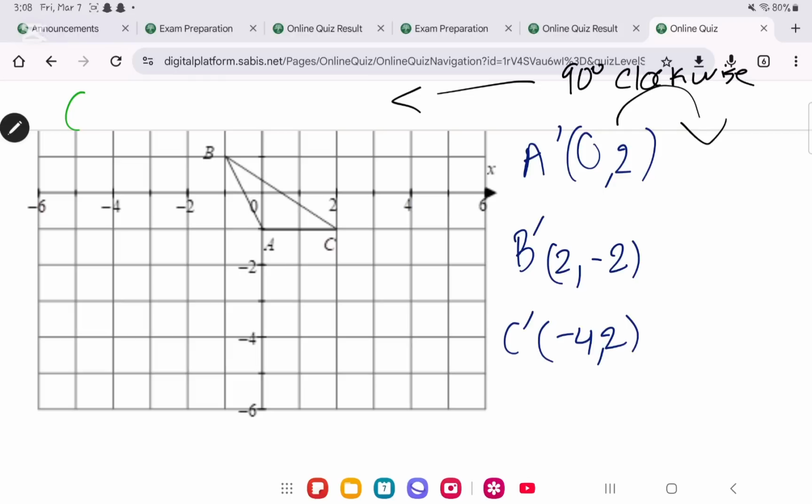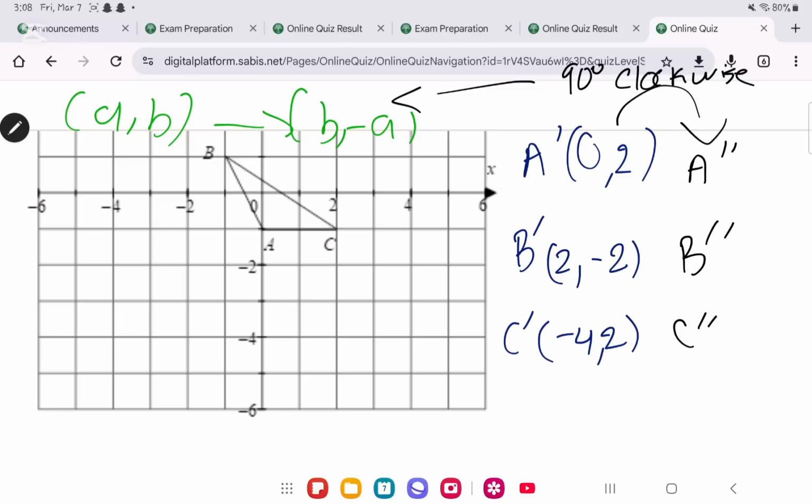It means that it will be changing the points from (A, B) into (B, -A). So please remember, 90 degrees clockwise will change from (A, B) into (B, -A). So that means we will be going from A prime into A double prime, B prime into B double prime, and C prime into C double prime.